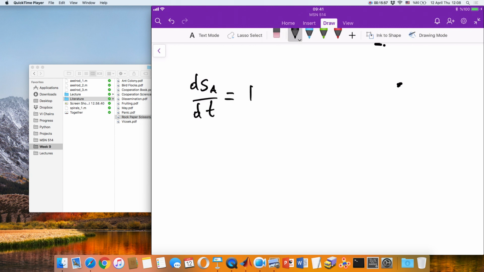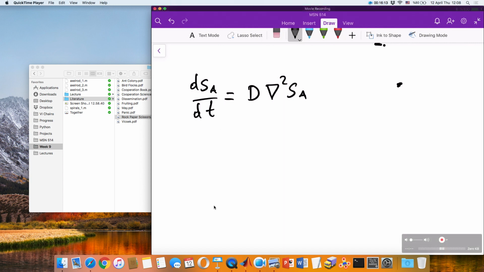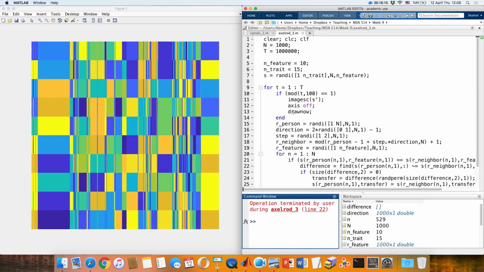Let me write it first and you tell me what's going on. What will this do? Diffuse, right? So all cells will diffuse to other places. Then I will have, let me remember from my code.